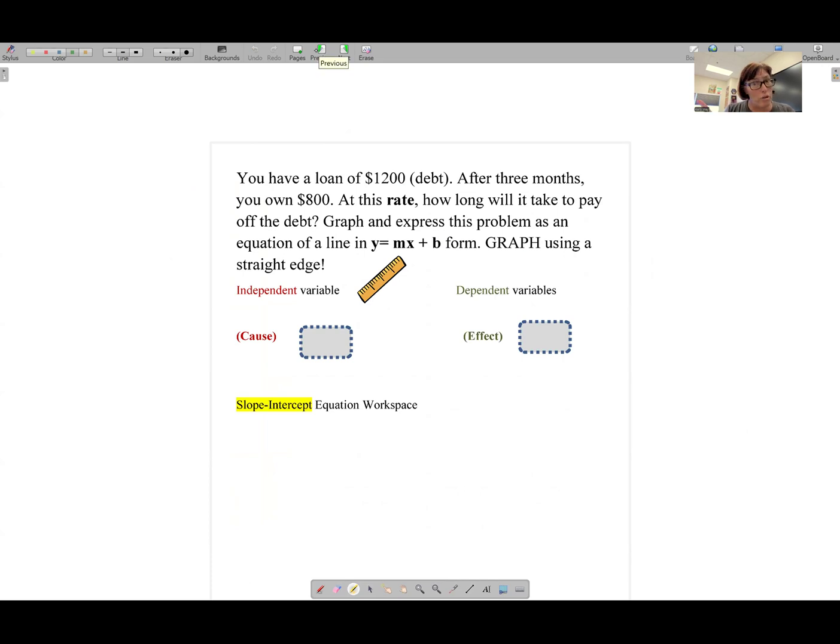In this storyline, what is changing is the debt. And in this case, that is the amount of money owed. That's the effect. That's the y coordinate. What is the cause is time, the passage of time, and of course, a repayment schedule.